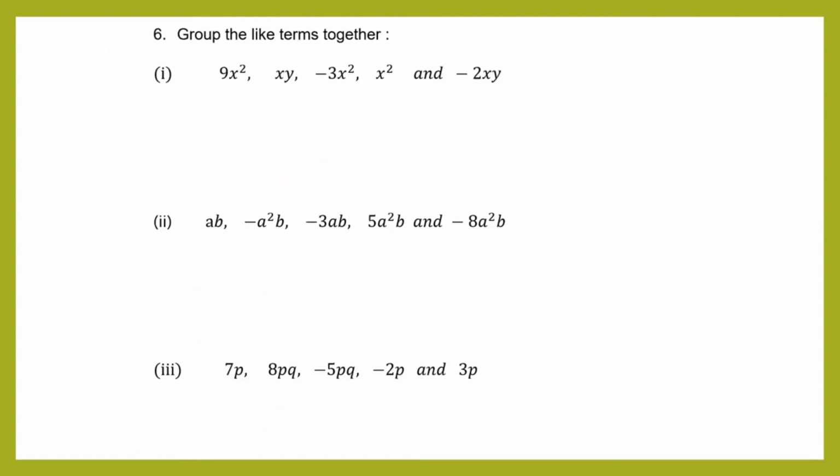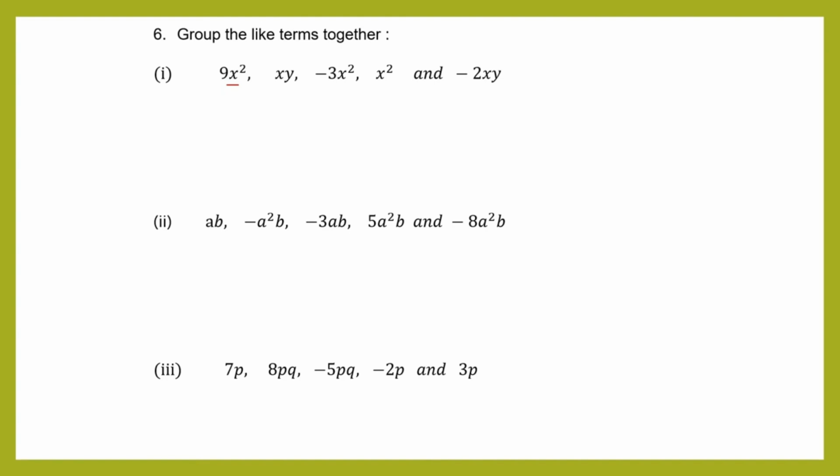Group the like terms together. Terms having the same literal coefficient. What does that mean? Terms having the same alphabetical letters are called like terms. So let's see which are the ones. We are not looking at the numbers, we are looking at the letters, the variables. Here we have x squared. Let's see if there's any other x squared.